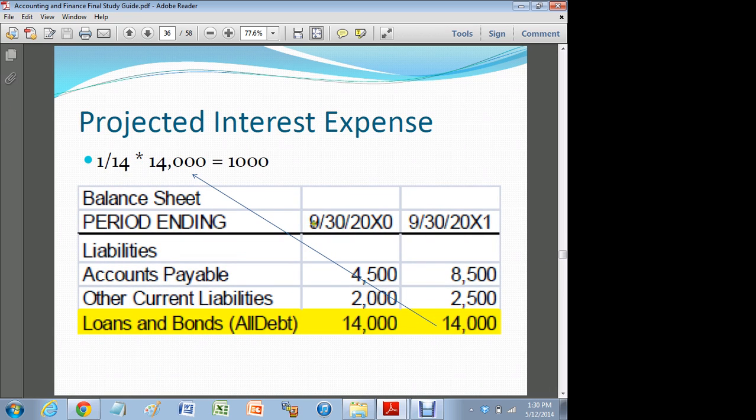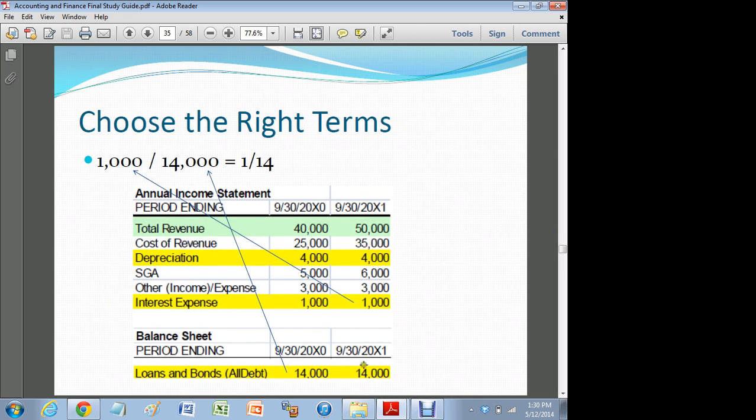And then it just turns out, because the number doesn't change, when we project it, the interest expense is also going to be the same. But you use this 14,000 here for the next period.